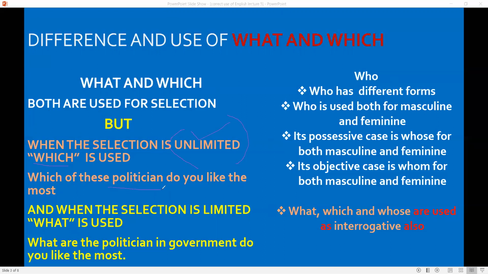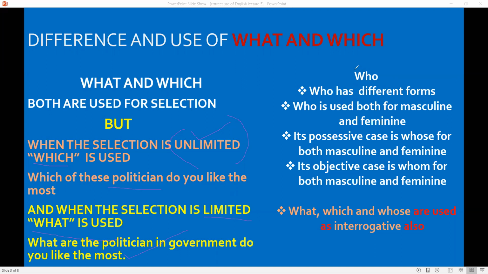Politicians of all the parties, the unlimited selection. So we have used which. But when the selection is limited, what is used. What politician in government do you like the most? Politicians in government, we have limited the selection, so what is used. When the selection is unlimited, we will use which. When the selection is limited, we will use what.